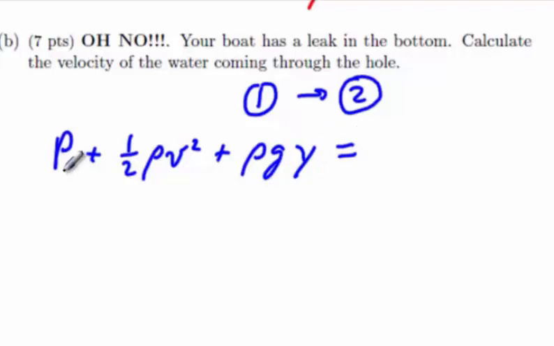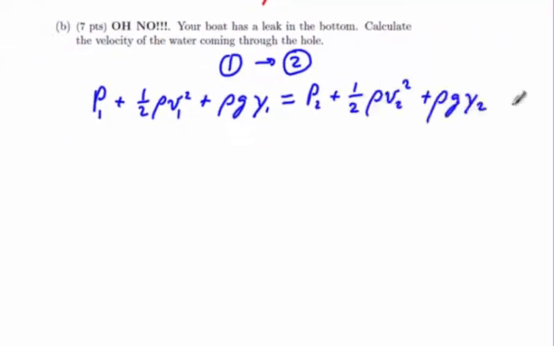We realize a useful equation by setting the location 1 total of these quantities equal to the location 2 total of exactly the same quantities. As with any Bernoulli problem, we have our choice of whether we would like to use absolute pressures, in which case the atmosphere we live in is 100,000 pascals, or gauge pressures, in which we call the pressure of the atmosphere we live in 0.